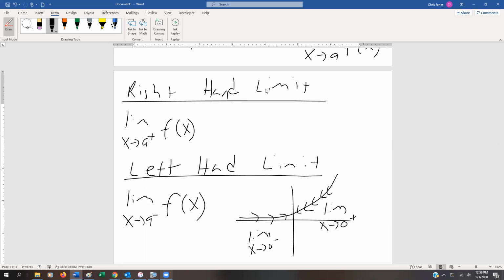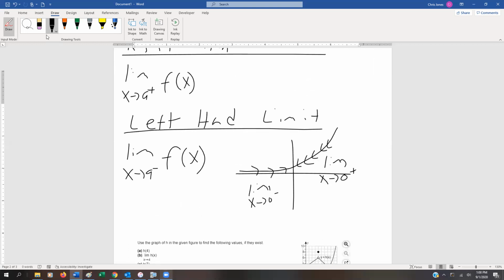We know that it doesn't exist at 0, but as it approaches 0, it looks like the y value is getting to a half. So that's really what's happening with these limits. It's just numbers that we're approaching, but we can't necessarily say if it reaches or not.